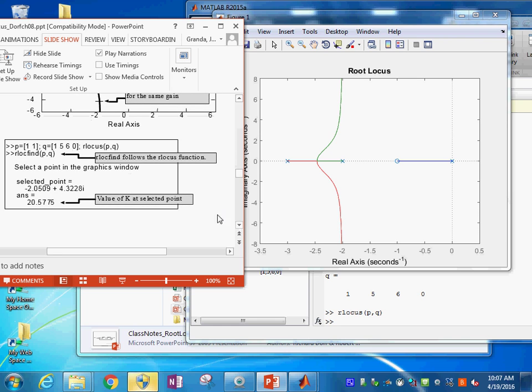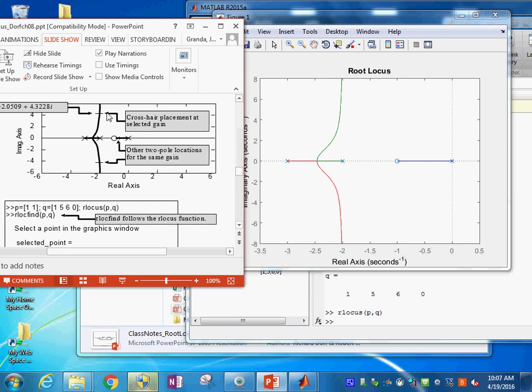See, this one, it says rlocfind(p,q), which means follows the root locus function and find information for me. For example, we select a point on the graphics in here like that. I am going to reproduce this and do the same thing.